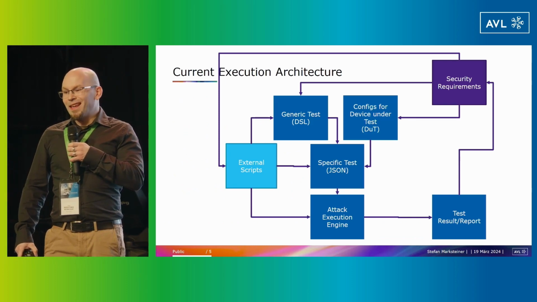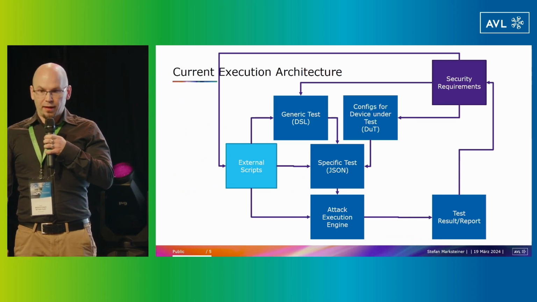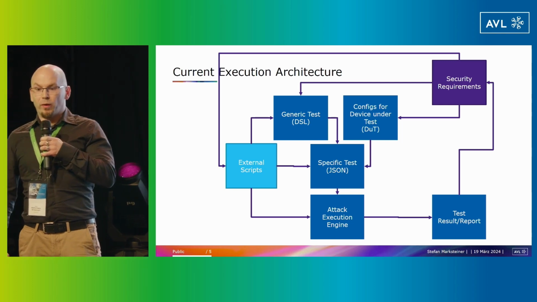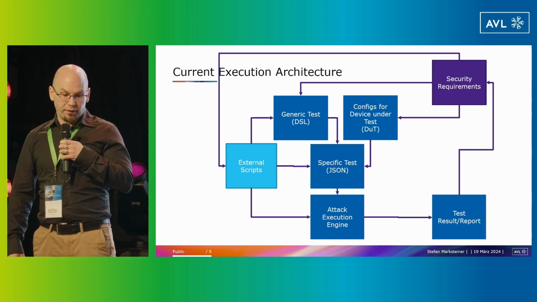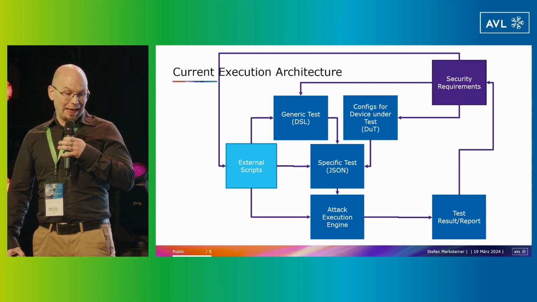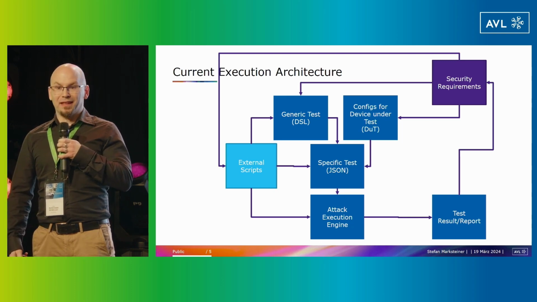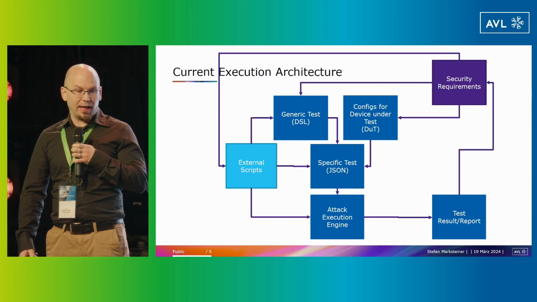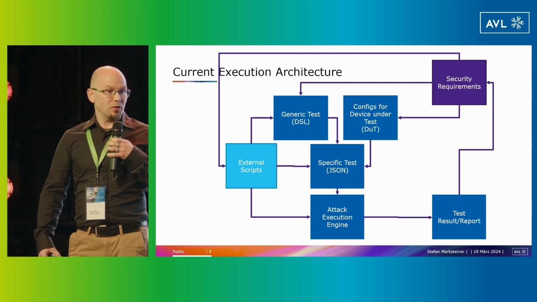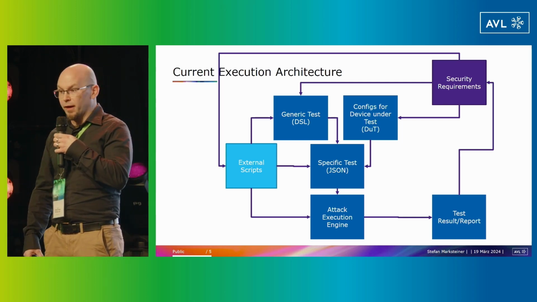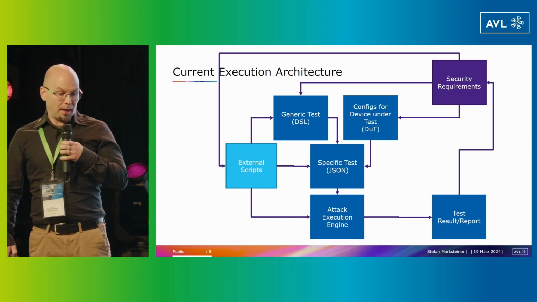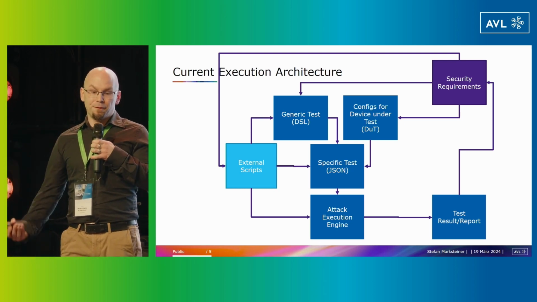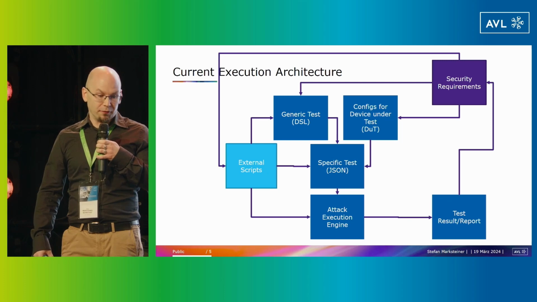So inside the OpenDUT project, this means that we are contributing to the architecture of the whole system. Everything in cybersecurity engineering stems from the security requirements you derive from making a threat and risk analysis or something like that. And this feeds into our test database, of course.